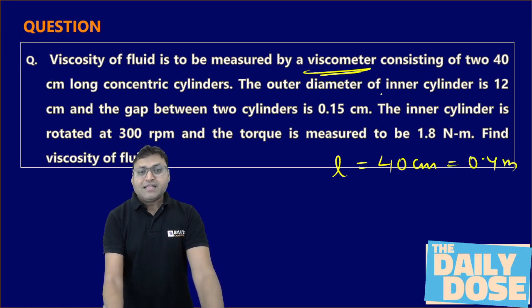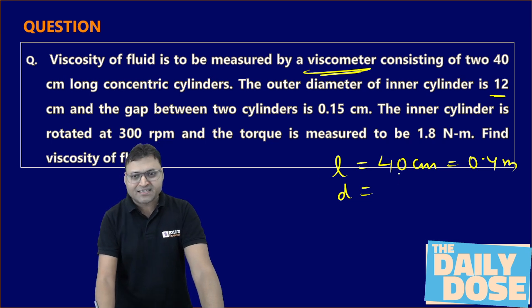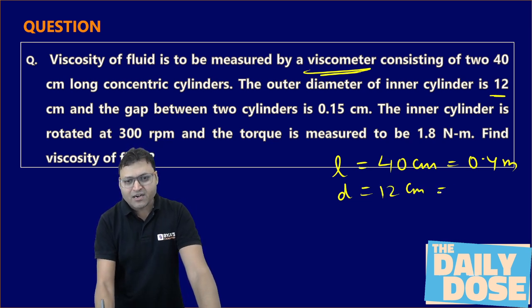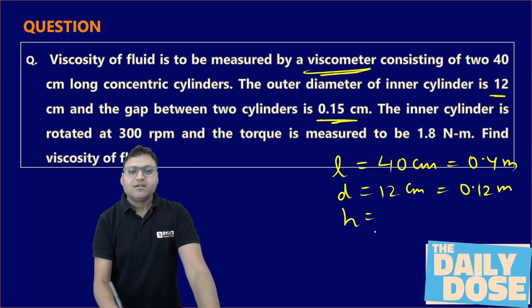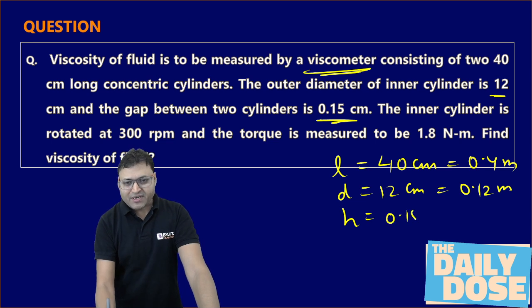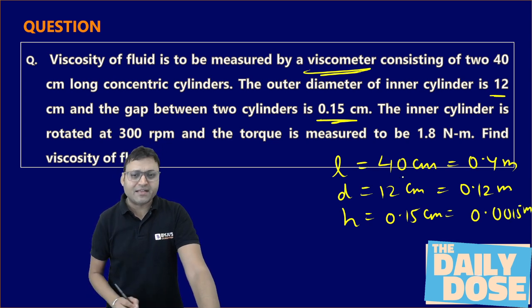The outer diameter of the inner cylinder, which is rotating, is 12 centimeter. So small d, the diameter of the inner cylinder, is 12 centimeter, or 0.12 meter. And the gap between the two cylinders is 0.15 centimeter, or 0.0015 meter, if we put all the parameters in SI units.